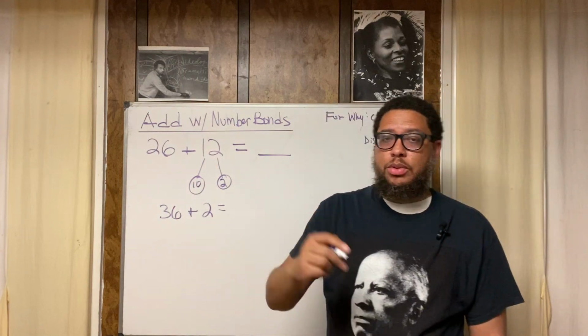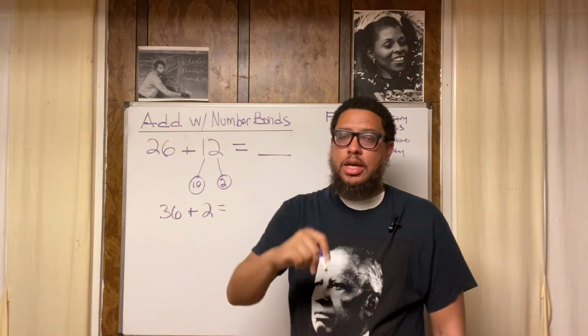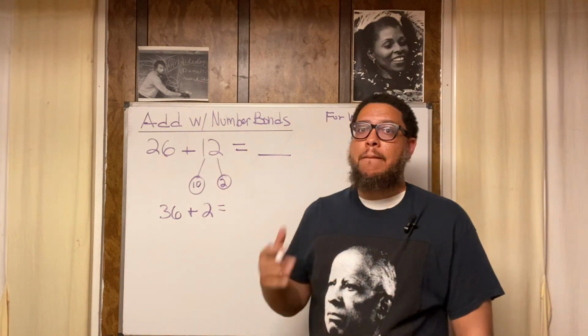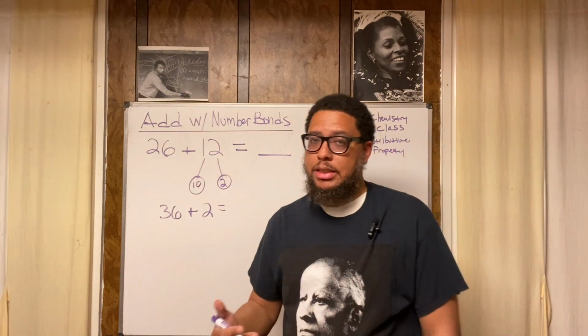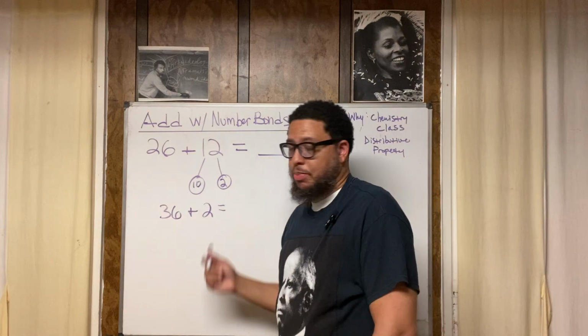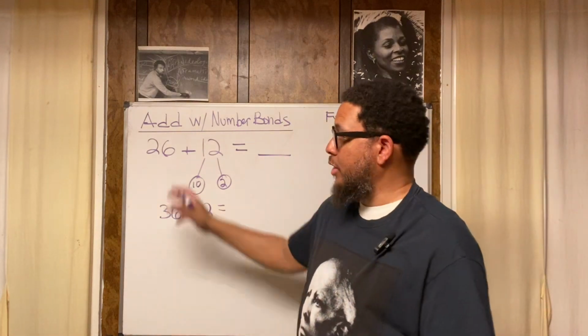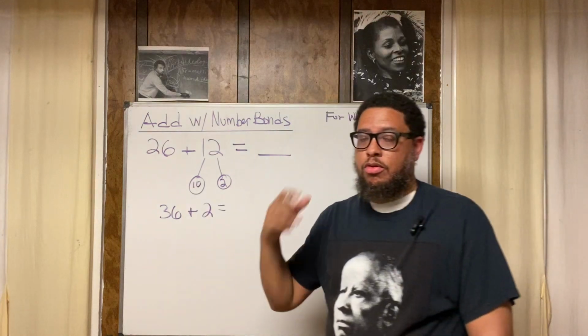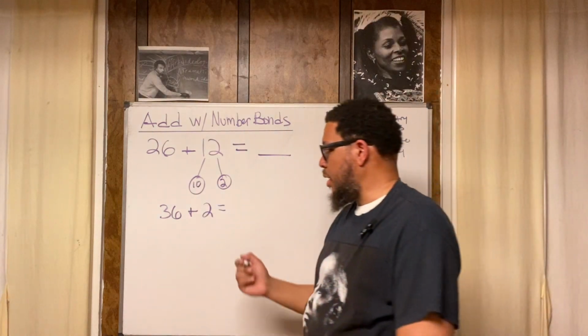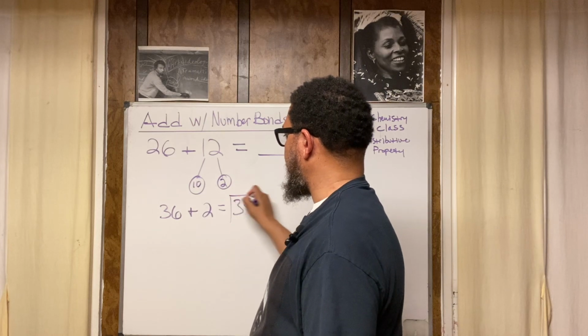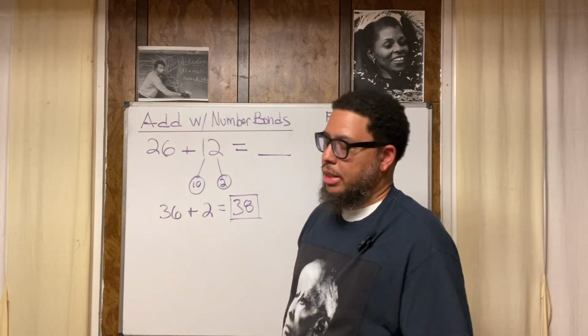If they don't and they still need to draw out 6 circles and then draw 2 circles and then count up all the circles, that's fine. But you want to speed up the process and get them to memorize that 6 plus 2 is 8. They should just know that. All right. So now 36 plus 2 is 38. And that is our final answer.